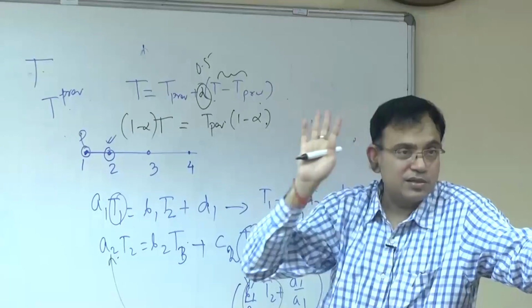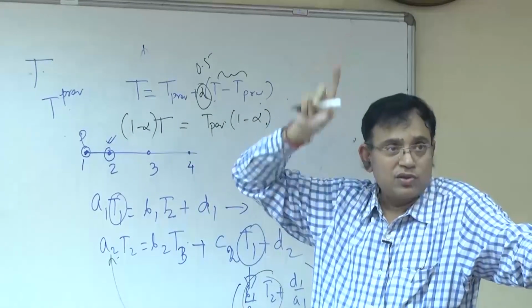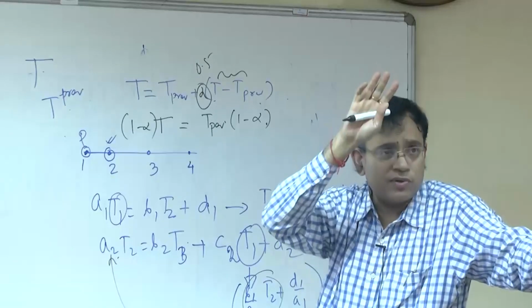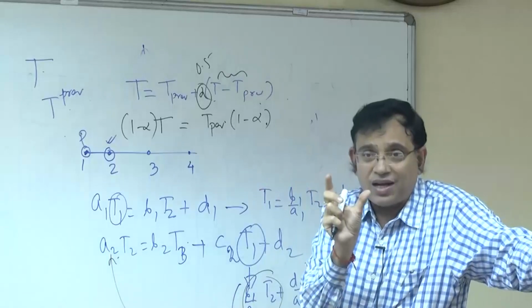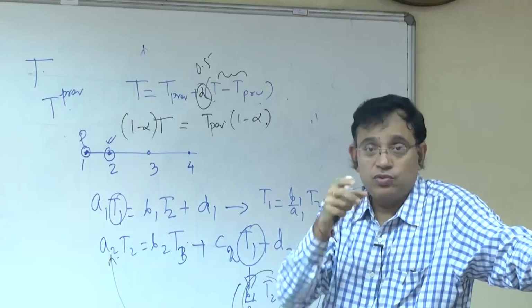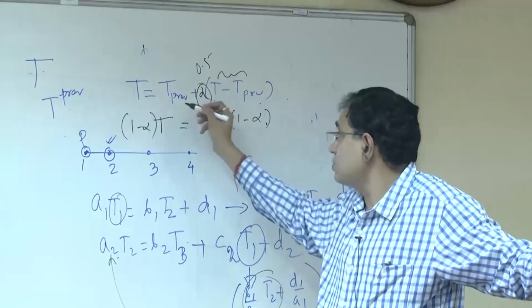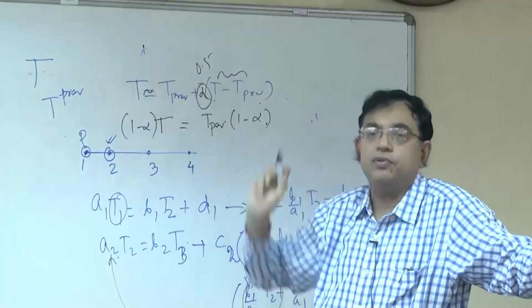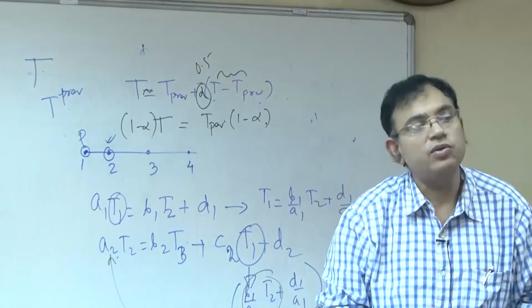So, the whole idea is that you want to get a converged solution. Whatever alpha you use does not matter so long as you converge. So this alpha is a handle which is available to you so long as you finally come to the state when t is approximately equal to t previous, and that is what is your convergence anyway in an iterative method that you have to achieve.